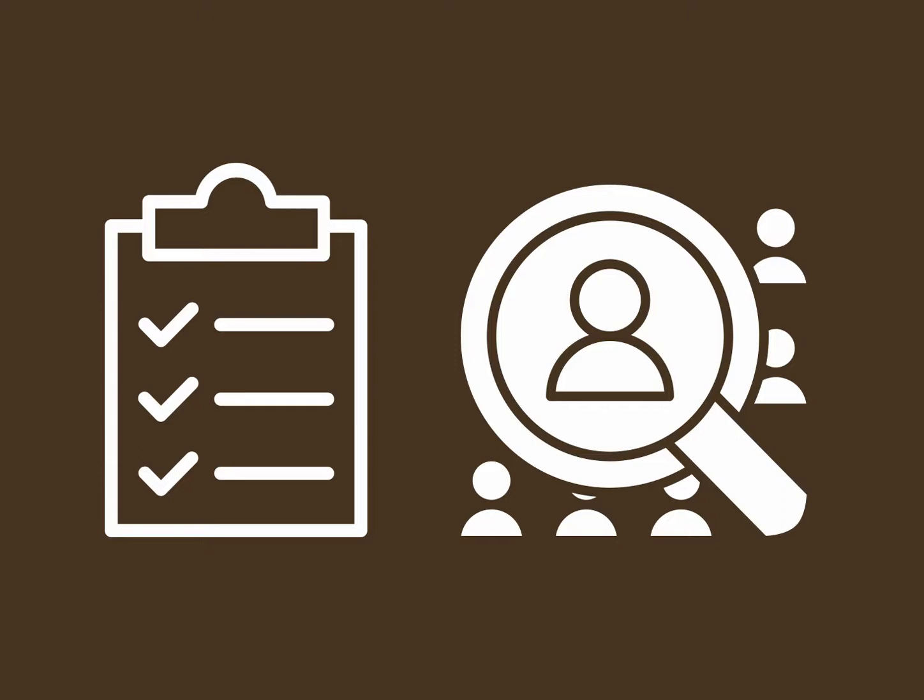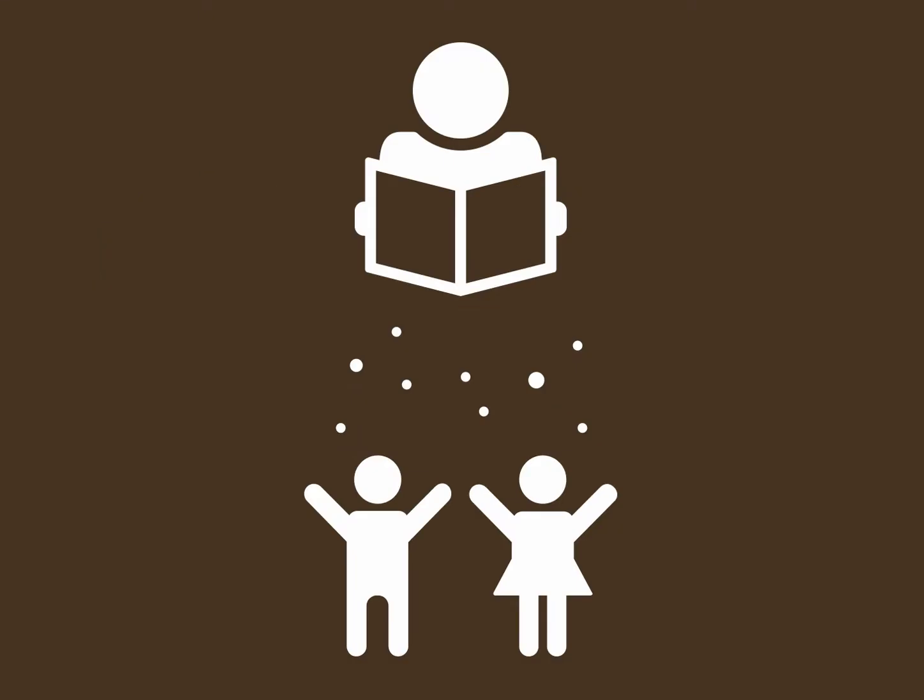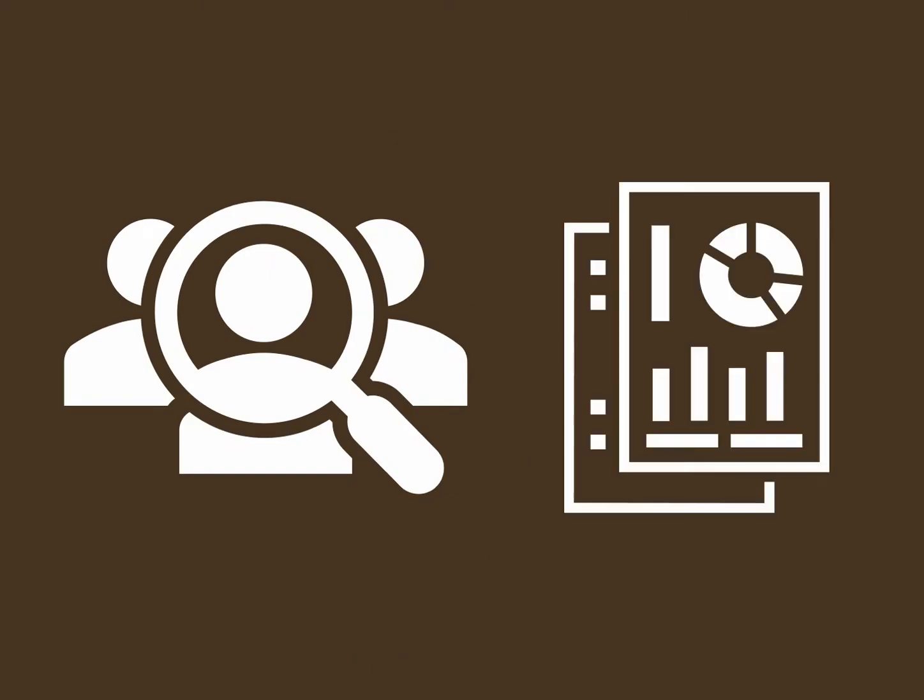So for example, when observing a storytime session, you could focus your attention on what the librarian is doing and saying, how the children are responding and engaging, how caregivers are engaging and interacting, or what the environment is like in the storytime room. Your observation guide will help focus your attention and make sure that you capture the type of data that you need to answer your evaluation questions.